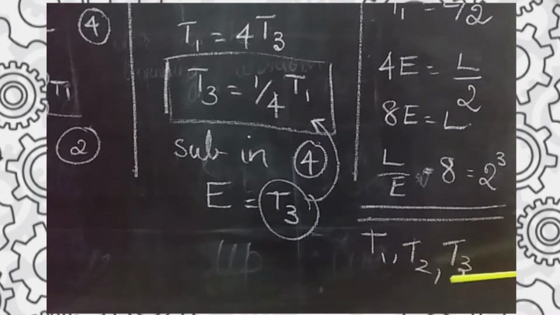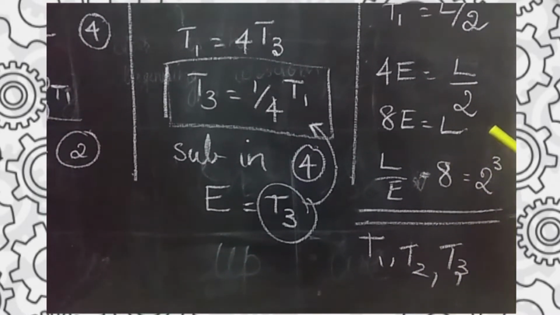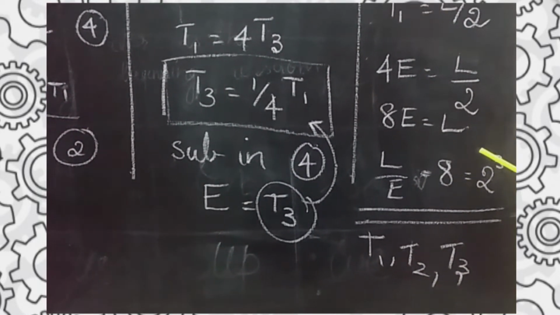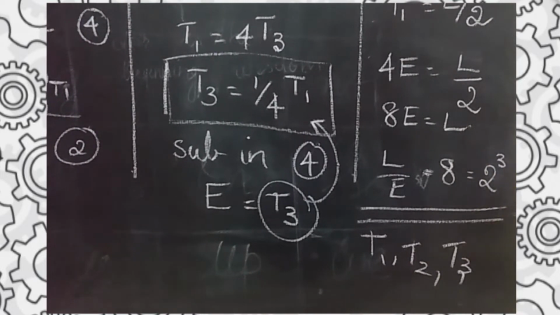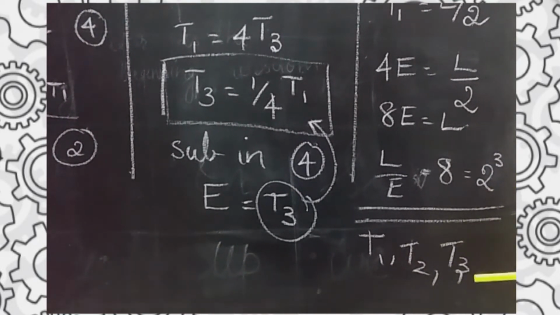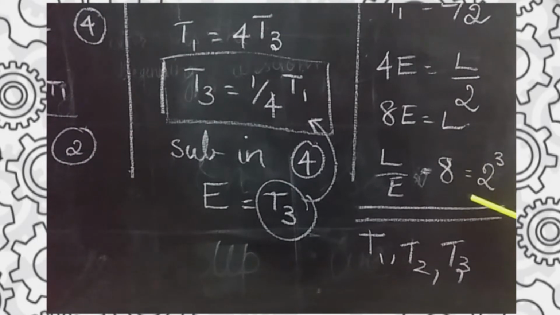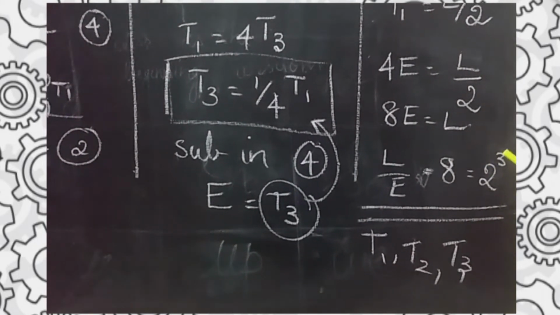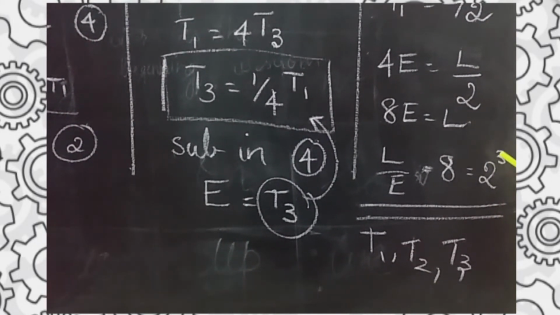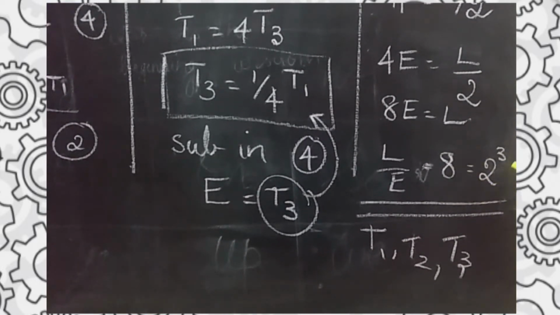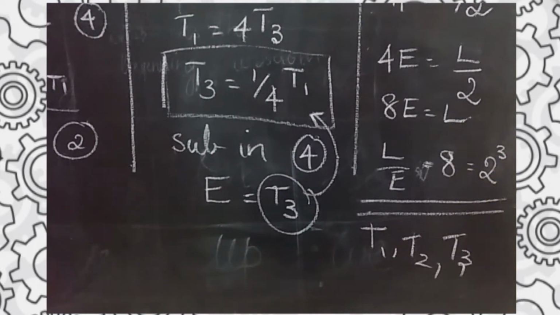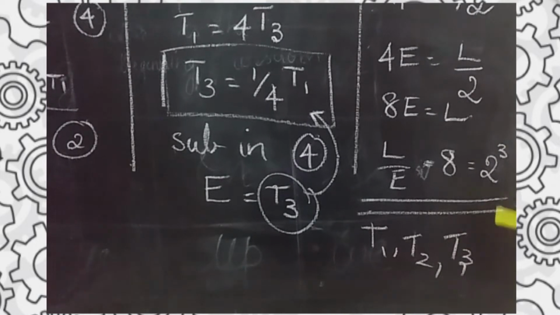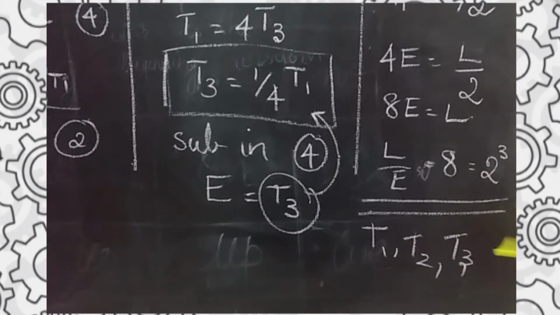When 3 tensions are involved, we get the mechanical advantage to be 2 to the power 3. What if we have 8 tensions involved? Then the mechanical advantage would be 2 to the power 8. So I can write this in a simple way as 2 to the power n, and that n represents the number of tensions involved in this particular combination of pulleys.